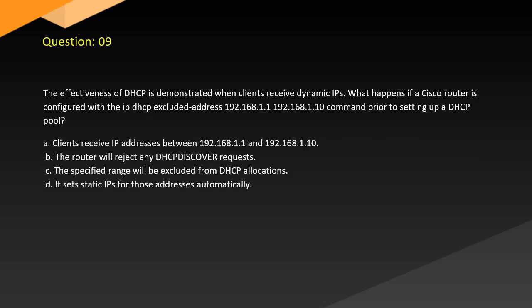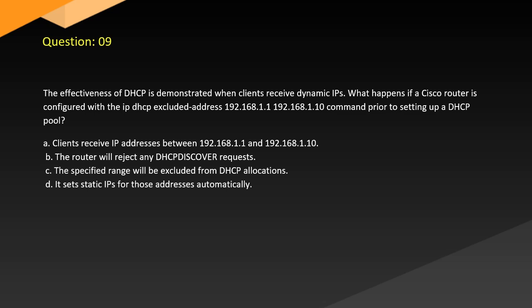Question 9. The effectiveness of DHCP is demonstrated when clients receive dynamic IPs. What happens if a Cisco router is configured with the ip dhcp excluded-address 192.168.1.1 192.168.1.10 command prior to setting up the pool? A. Clients receive IP addresses between 192.168.1.1 and 192.168.1.10.